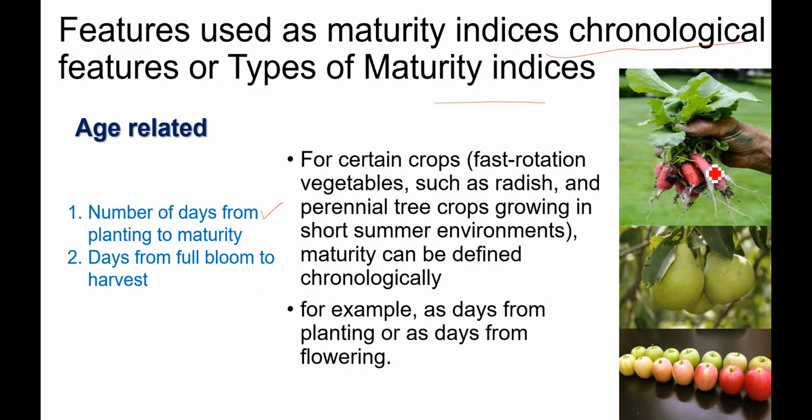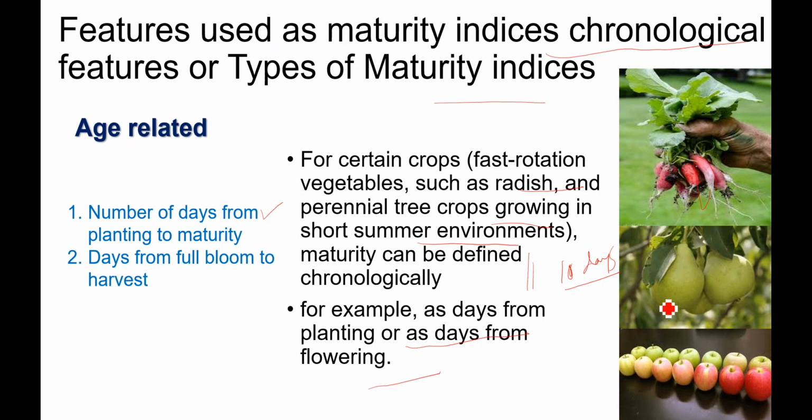For example, in the case of radishes, the tuber category, such as radish and perennial tree crops growing in a short summer environment, maturity can be defined chronologically, like whether it is 10 days. Methi leaves also, if it is 10 days methi, 15 days methi, likewise. As days from planting or as days from flowering.